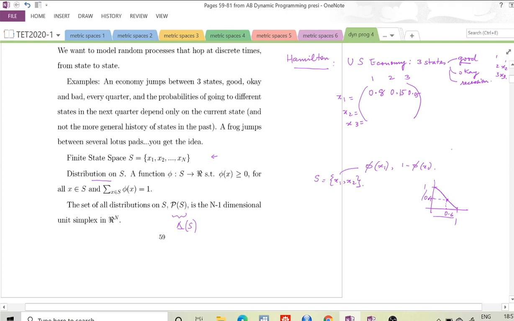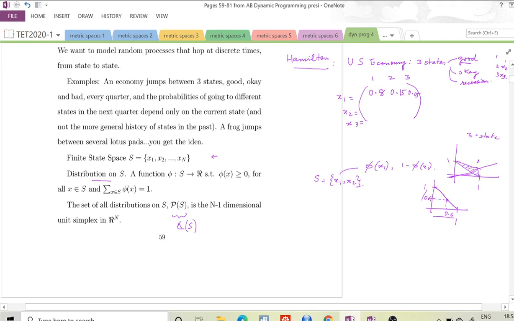Similarly, if it's a 3-state world, then 1 here, 1 here, 1 here. Your unit simplex is going to be the set of all points here.